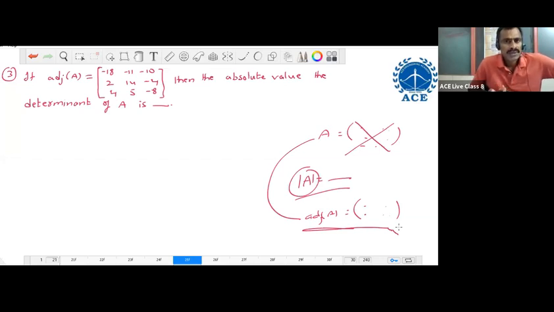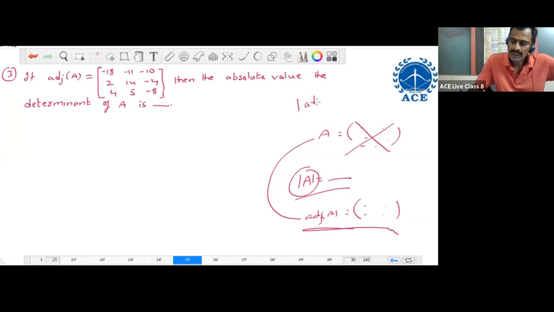It will be possible whenever a relation exists between determinant of A and determinant of adjoint. If we have a relation between determinant of A and determinant of adjoint, we can find the determinant of A also. Yesterday we wrote one note point. For any order square matrix, determinant of adjoint of A, n cross n, equals determinant of A power n minus 1.